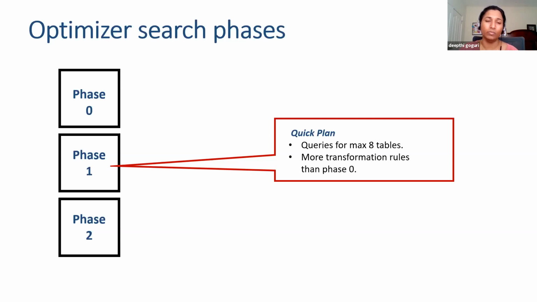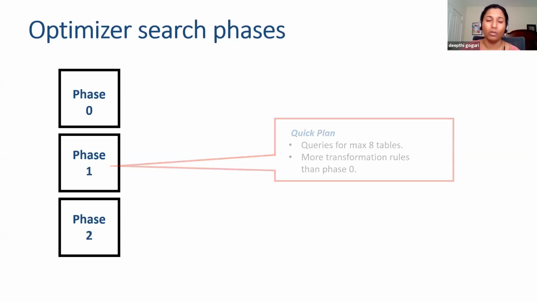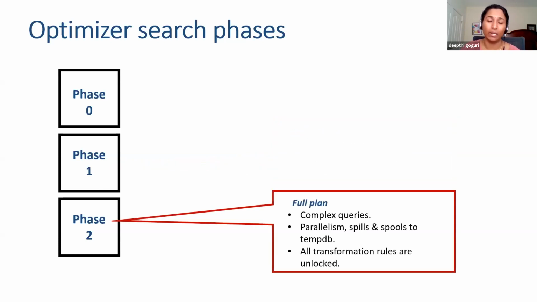Now, what happens with phase 0 and phase 1 is the optimizer will compare our query with already existing execution shapes. If it finds a good enough plan, it will grab that information. But that is not the case with phase 2. Phase 2 is completely different. Phase 2 is known as full plan.